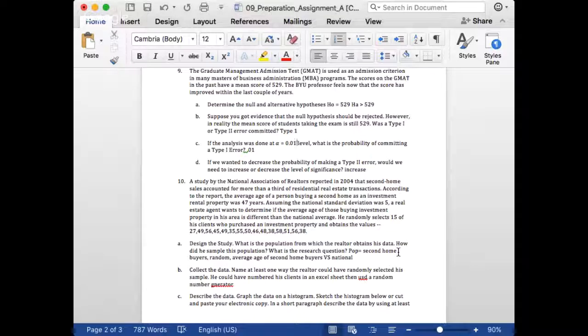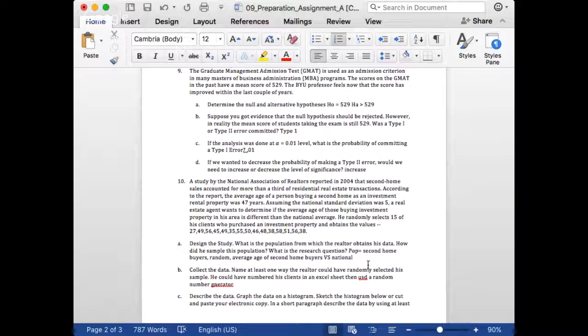Okay. Go ahead. So basically, what you're looking at is a random selection of his second home buyers, trying to see if his average age is different than the national. This was kind of complicated, but it's not a greater than or less than. It's just, is it equal to or not equal to?